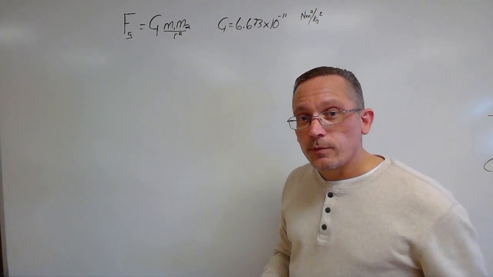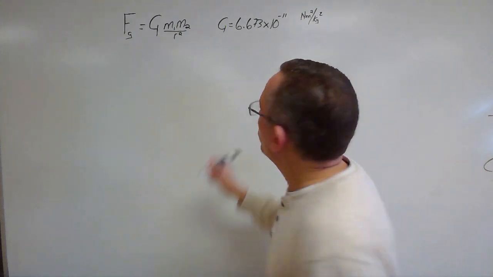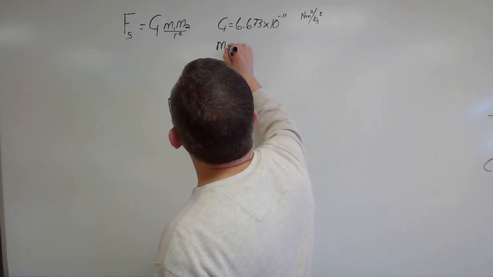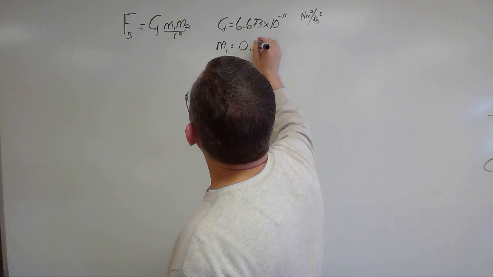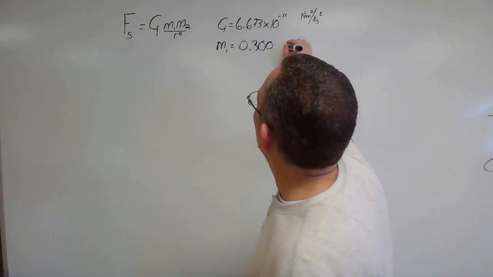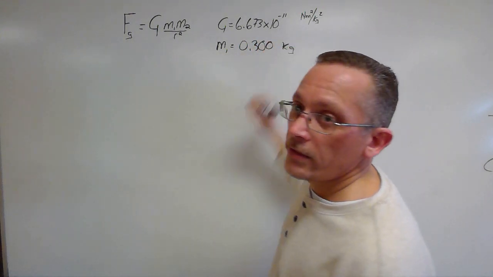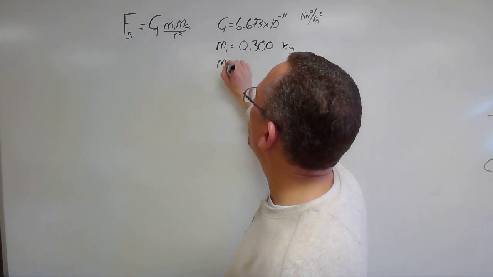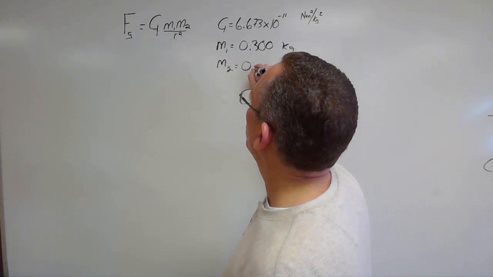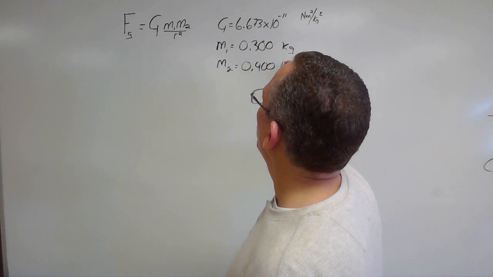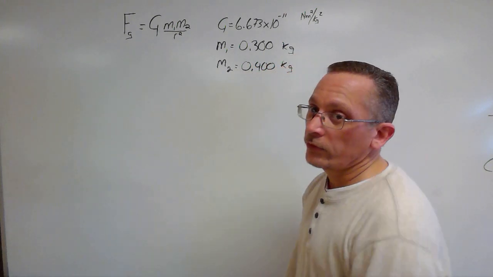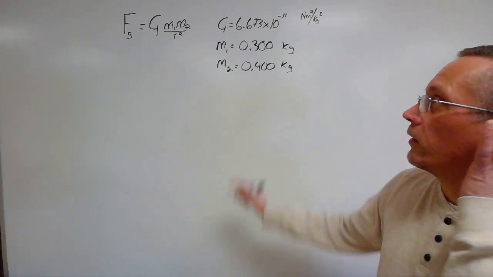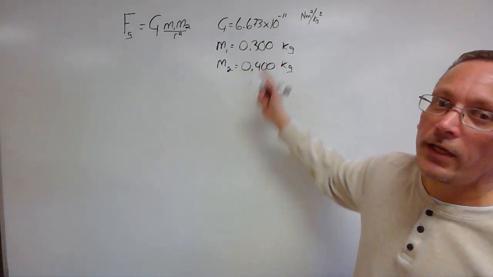Now the problem tells me that I have two masses here. The first one is 0.300 kilograms, and the second one is 0.400 kilograms. Doesn't matter which is which. You could call this one M1 and this one M2.